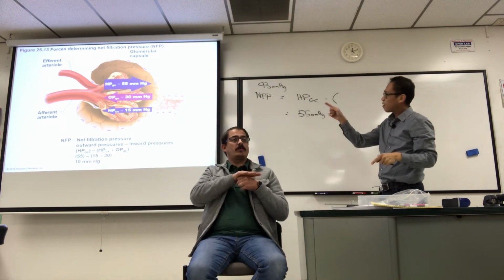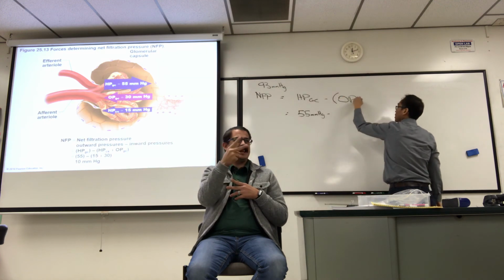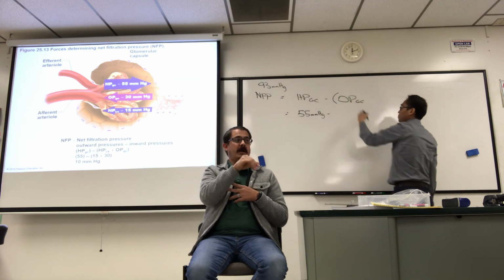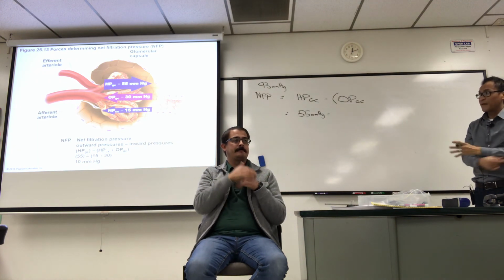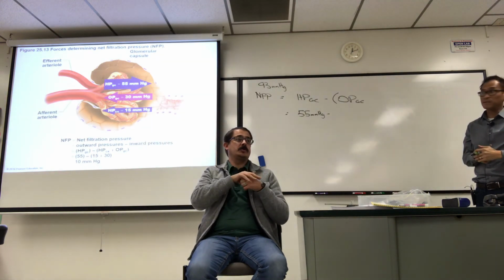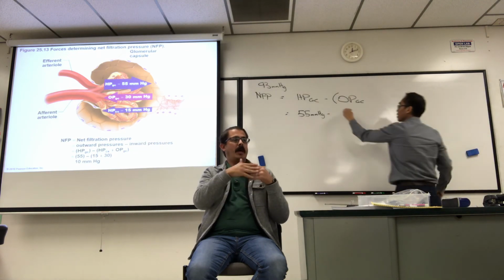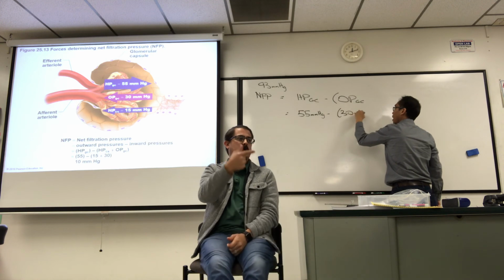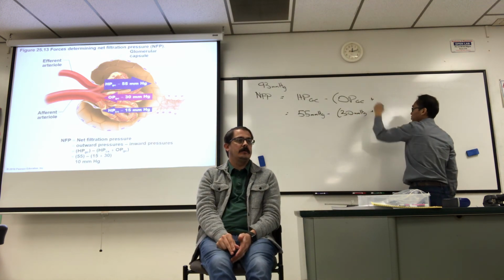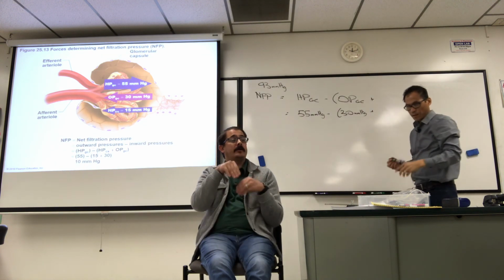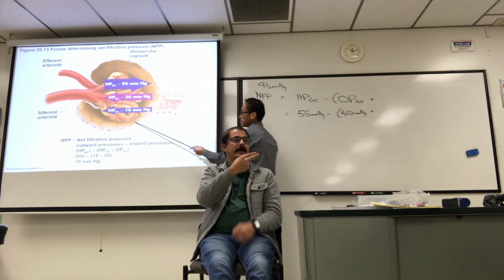One is OPGC, the oncotic or osmotic pressure of the blood. That is the pressure that's retaining fluids in the blood, calculated to be something like 30 millimeters of mercury. You add that to the other inward pressure, the capsular pressure, HPCS.